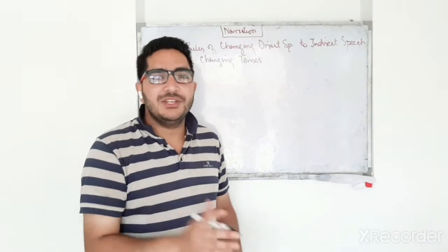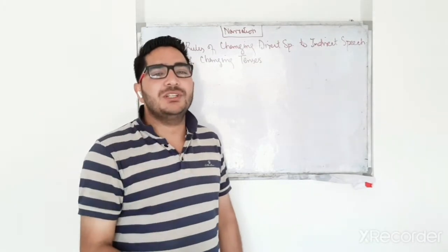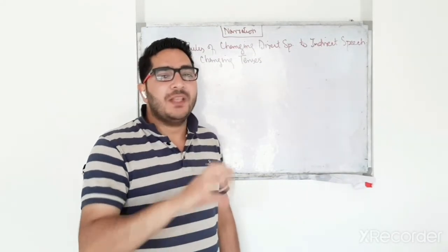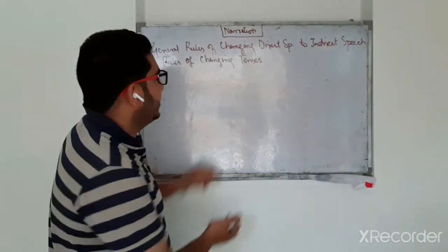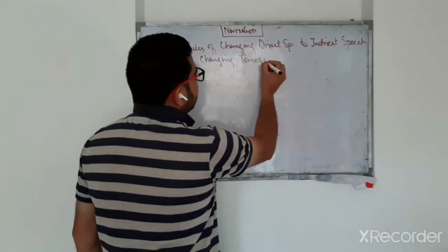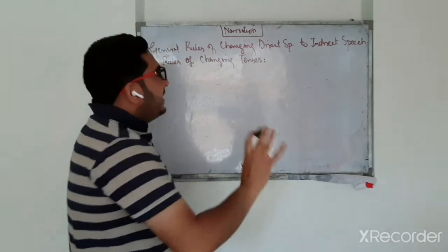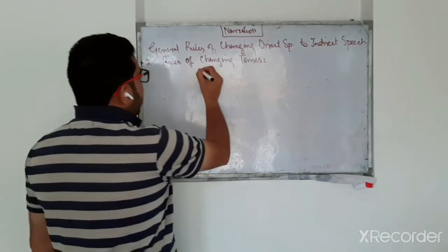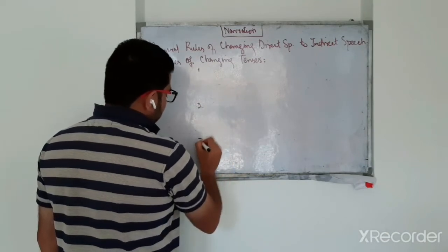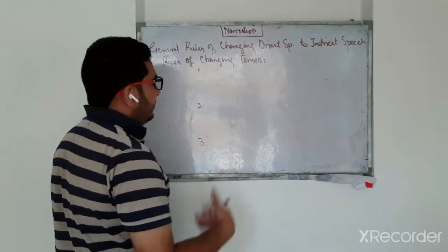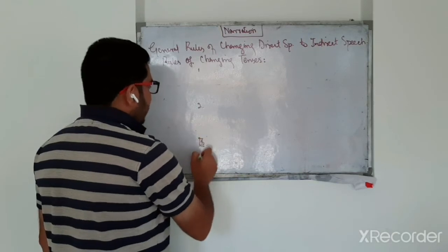This is a very important rule as far as narration is concerned. As far as we have how many tenses? 1, 2, 3. We have 3 tenses, but here we'll talk about 2 tenses first.